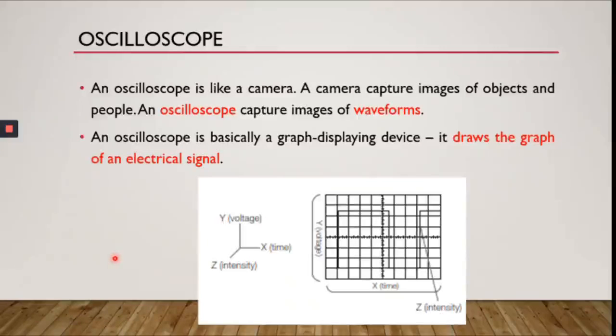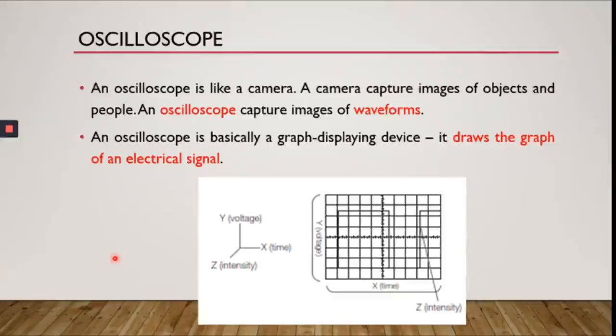So when we take a picture from a camera, we are interested in making sure that the images are clear, so that we can see all the objects or all the people in the photo clearly. Similarly, in an oscilloscope, we want to make sure that when we do the measurement, we can capture the images of an electrical signal clearly.